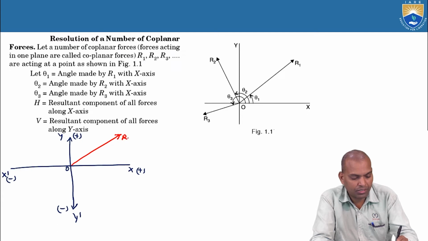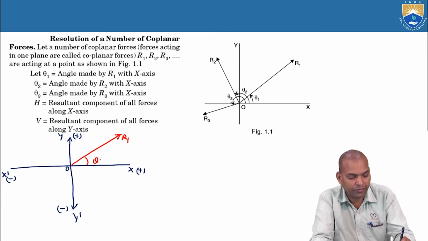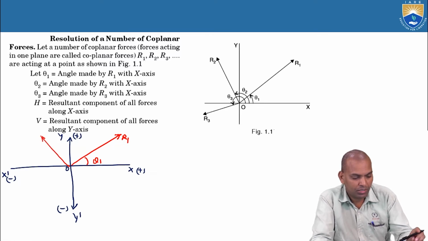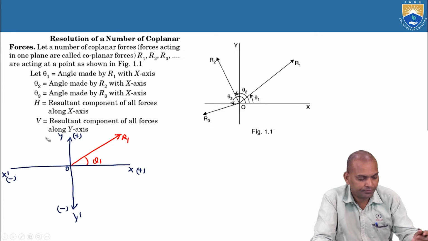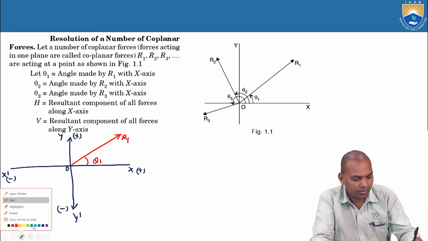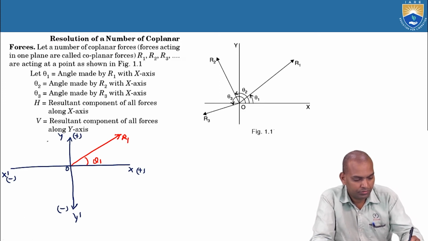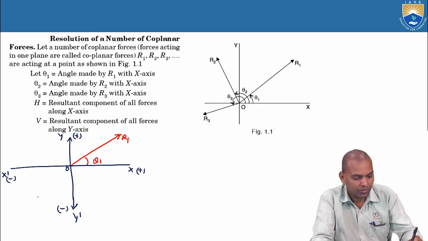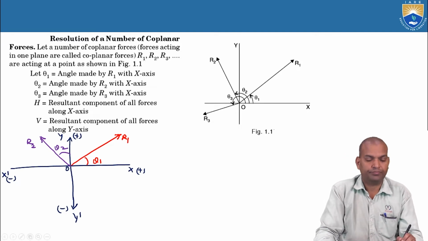Here R1 as usual is making theta 1 with OX. Next R2. R2 is making an angle with the vertical OY positive, that is theta 2.